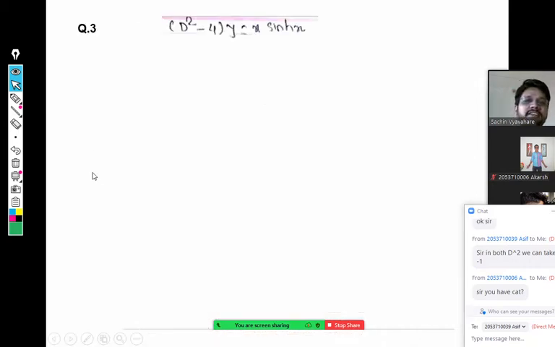Question number 3. Do it now. D square minus 4 of y is equal to x sine hyperbolic x.